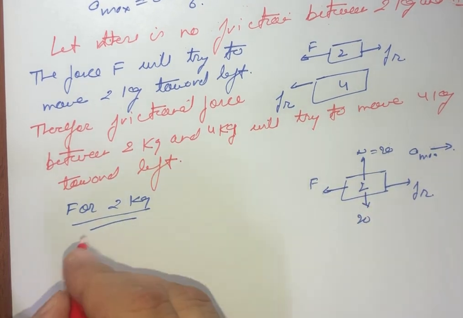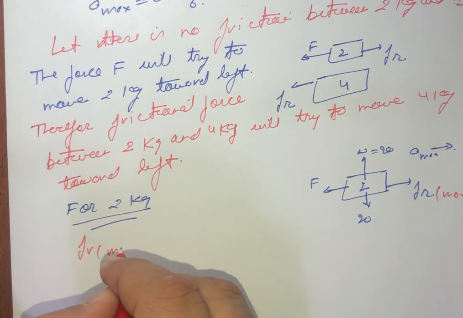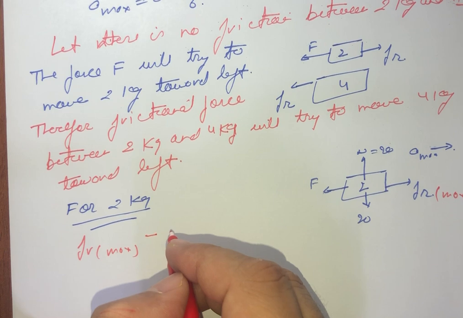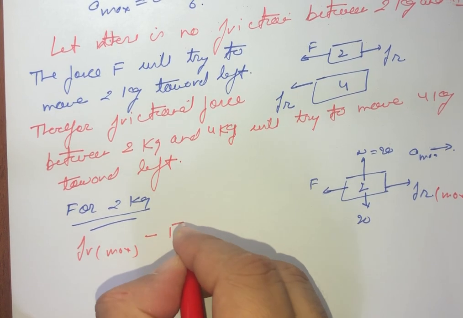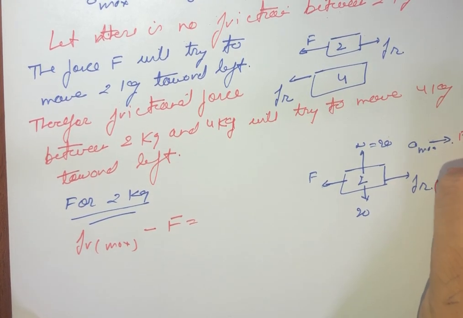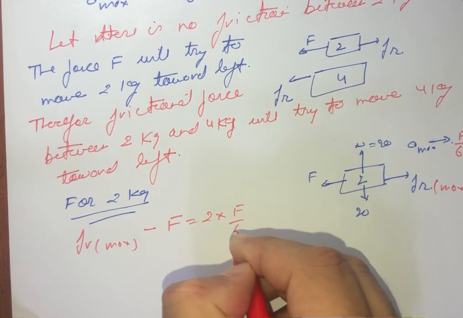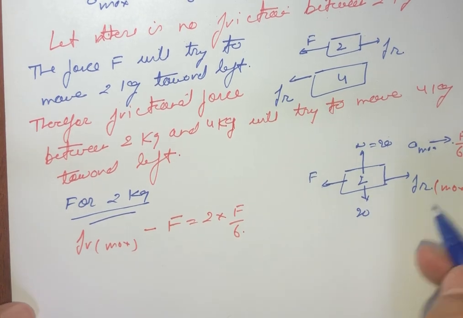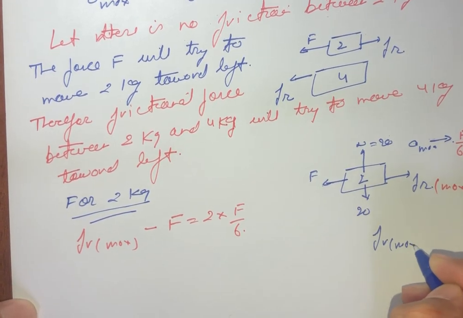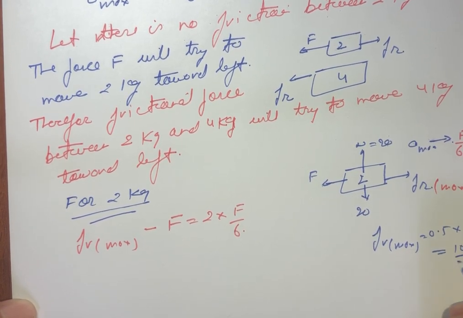So we can write Fr max minus F will be equal to 2 into F by 6. Here we can find our Fr max. Friction is given as 0.5, normal is 20, so this will come as 10 Newton.